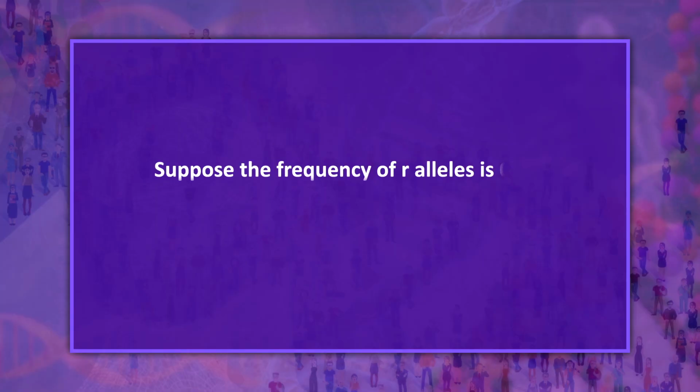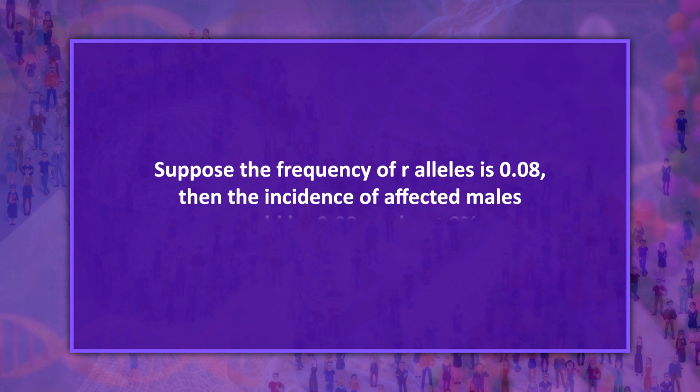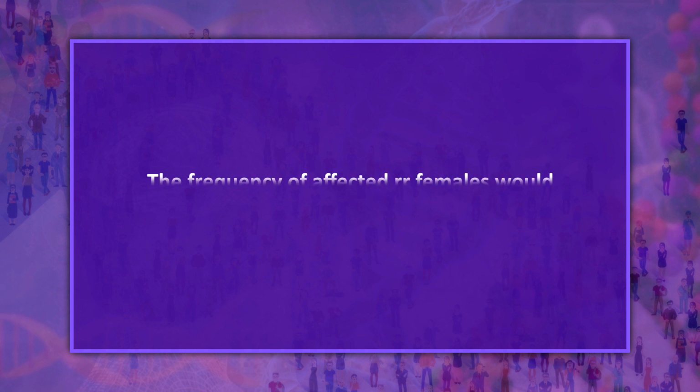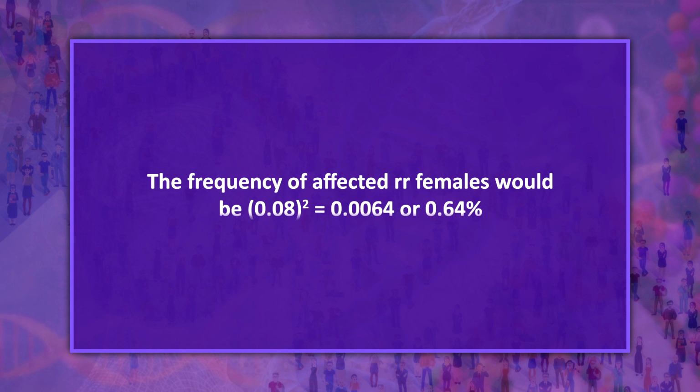Suppose the frequency of small r alleles is 0.08, then the incidence of affected males would be 0.08 or about 8%. The frequency of affected small r females would be 0.08 raised to the power 2, which is equal to 0.0064 or 0.64%.